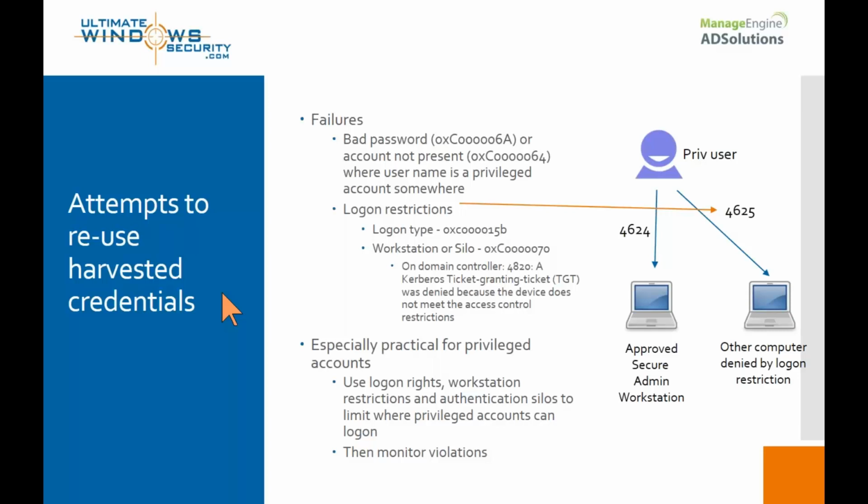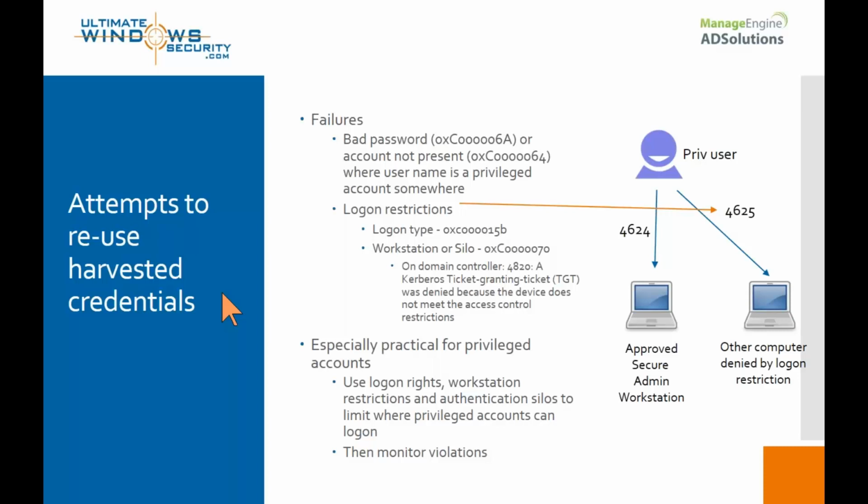If it's because of a bad password or the account is not present, but the username is a privileged account somewhere, okay, we want to watch that a little more carefully. How do we know if the account is privileged? Well, again, the tighter controlled your environment is, the more best practices you follow, the better.